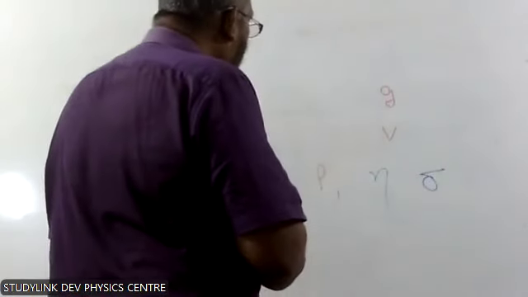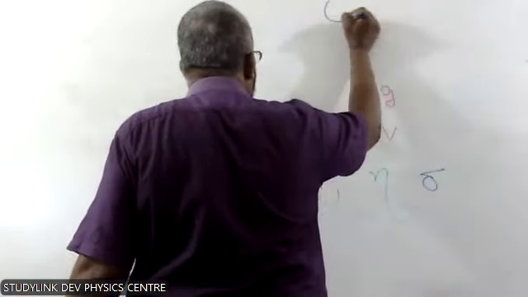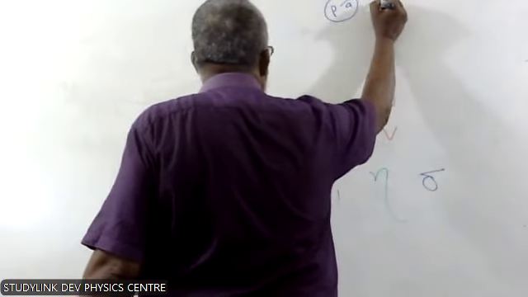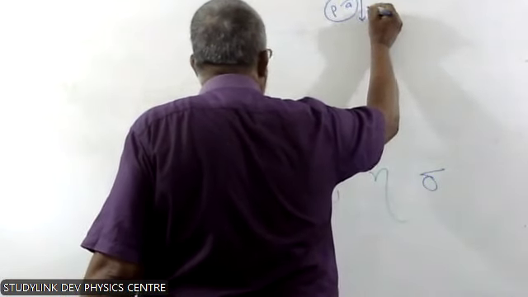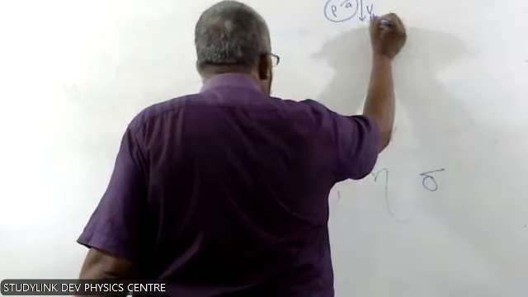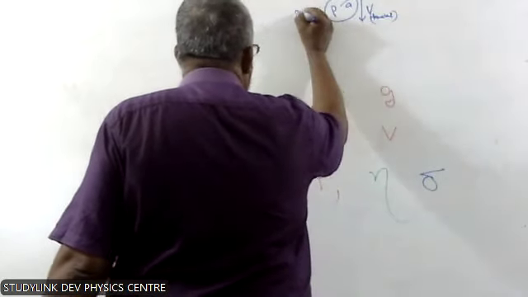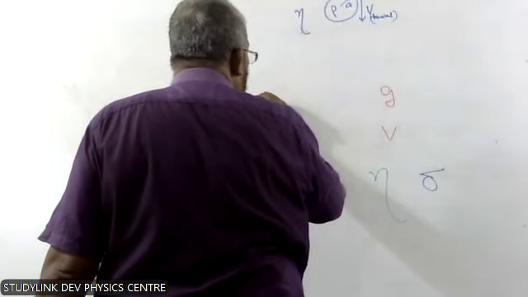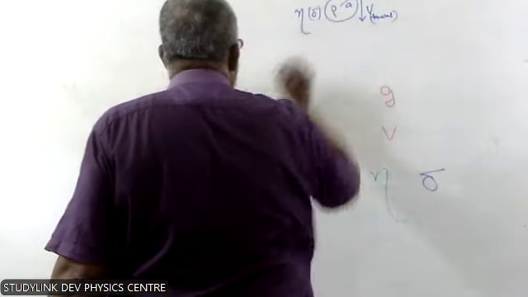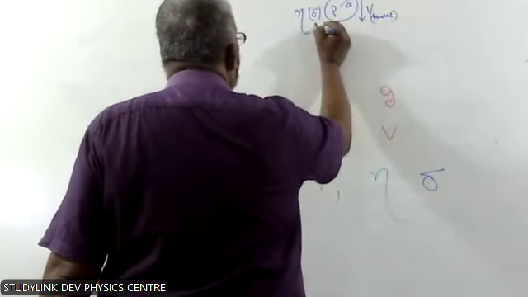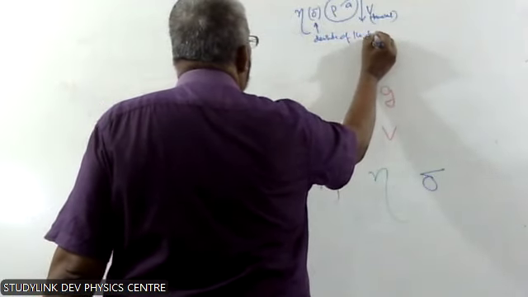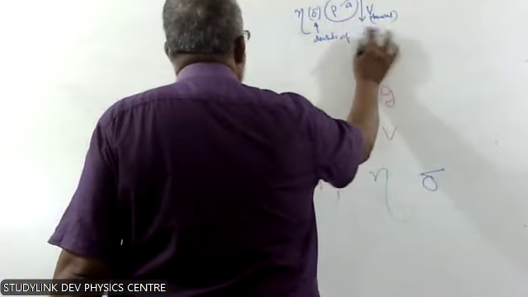Actually, the situation is concerned with radius a, density rho, it's falling down, terminal velocity v, eta is the coefficient of viscosity of the liquid and sigma is the density of the fluid. I will say liquid.